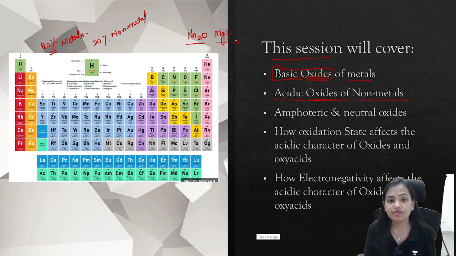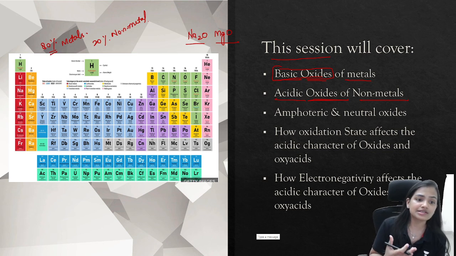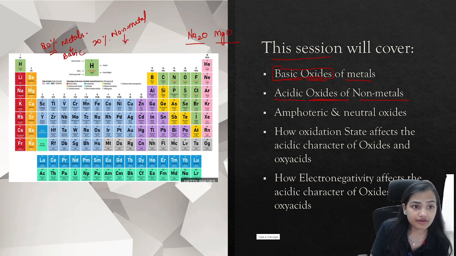So we will focus on that. In the periodic table we have 80% metals and only 20% non-metals. The metals usually show basic behavior and the non-metals usually show acidic behavior, but we need to learn about their acidic strength.